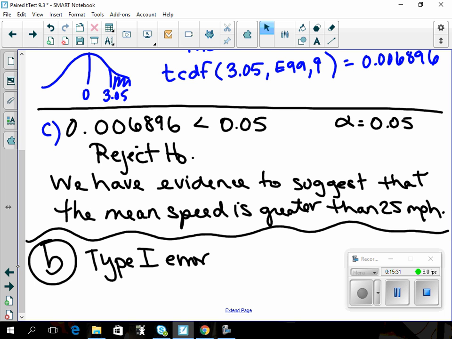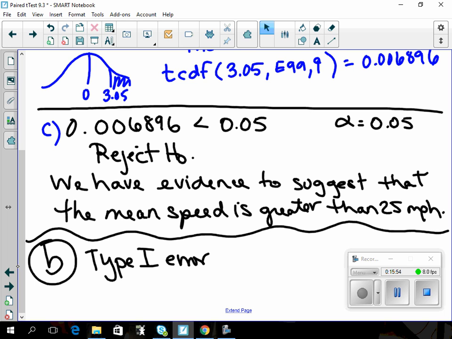And that's a possibility, right? I mean, it's just my sample that gave me that information, but maybe the true mean speed really is 25. My sample just, I happen to get like a drag race going on or something in my sample. I don't know, right? Sorry, me and my Prius, you know, who knows? Okay, so that would be a type 1.